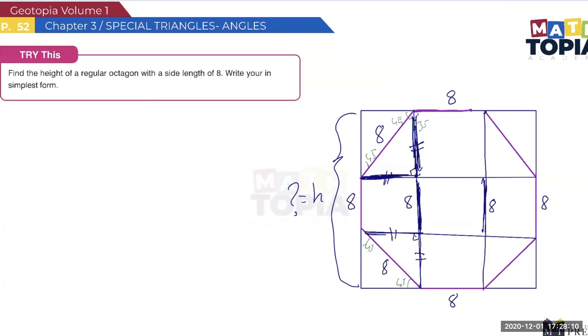Then how do we find, instead of multiplying by root 2, we divide by root 2. 8 divided by root 2 becomes 4 root 2. And 8 divided by root 2 becomes 4 root 2.